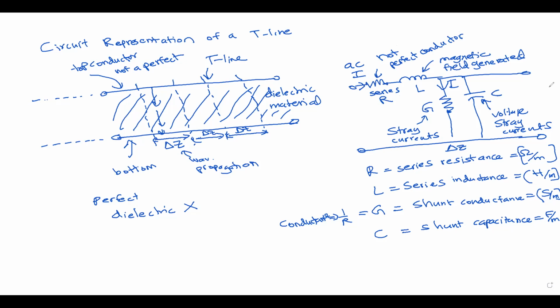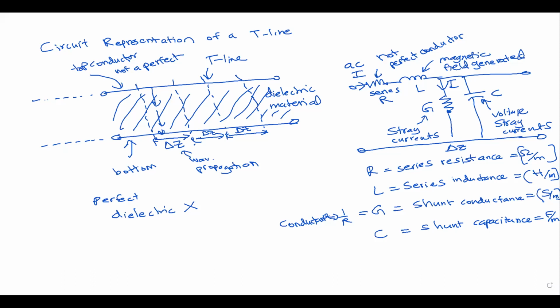So this is the circuit that we use to denote the transmission line and the wave propagating through a transmission line. We can use this circuit to understand how the wave will propagate through the transmission line under the effect of these resistors, inductors, capacitors, conductances.